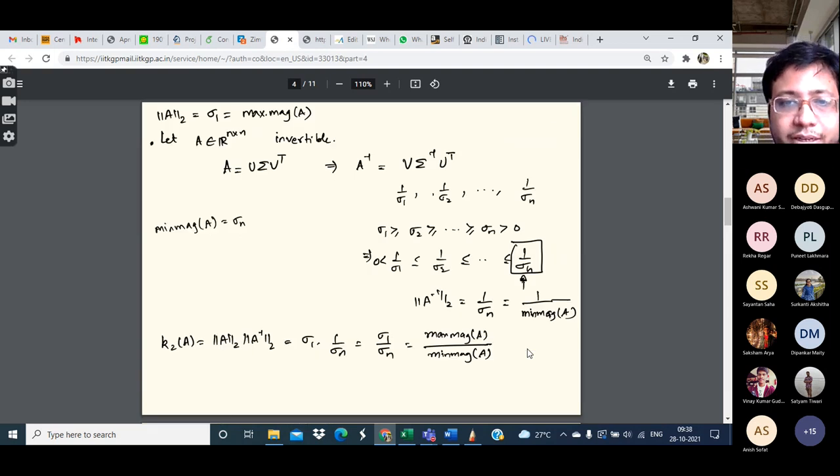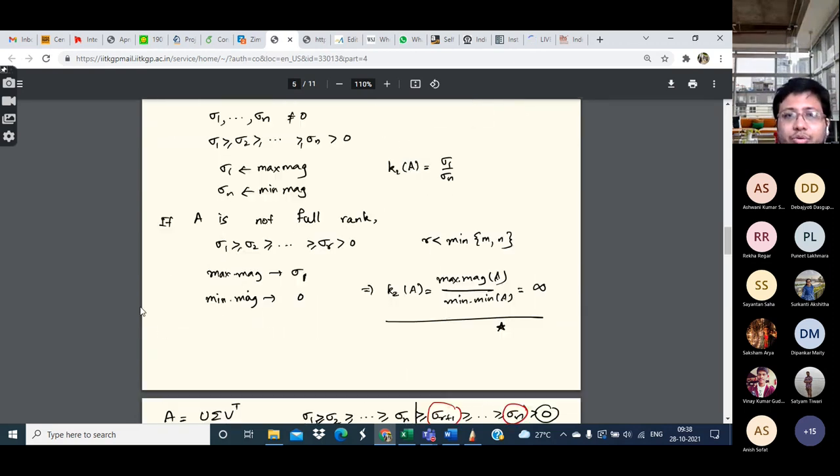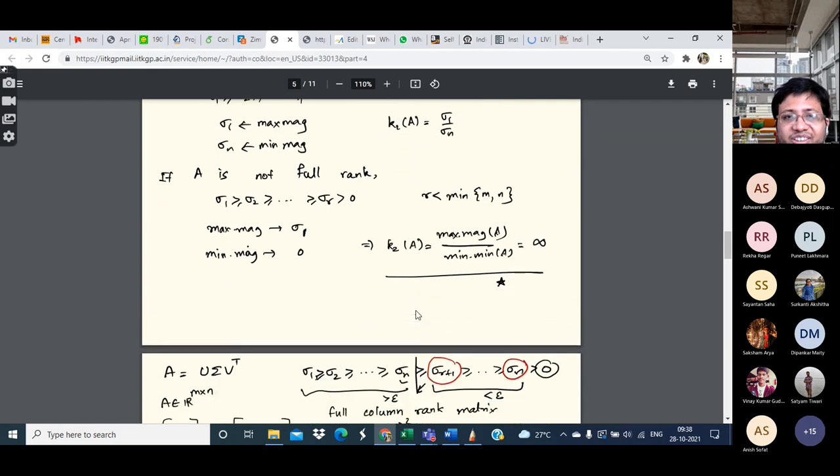Then we understood how, given any invertible matrix A, to calculate the SVD of its inverse. Then we also defined the condition number, and we understood how to define the condition number.